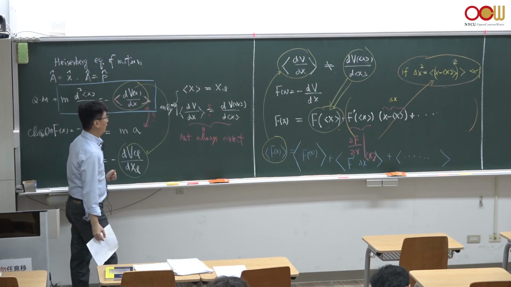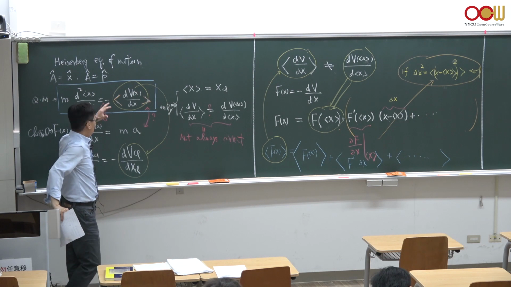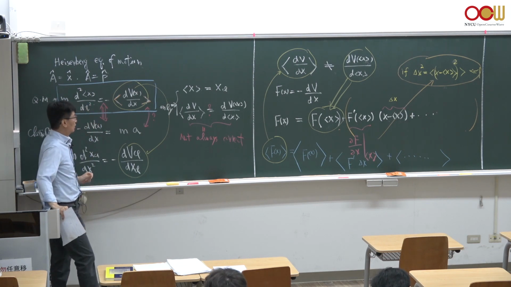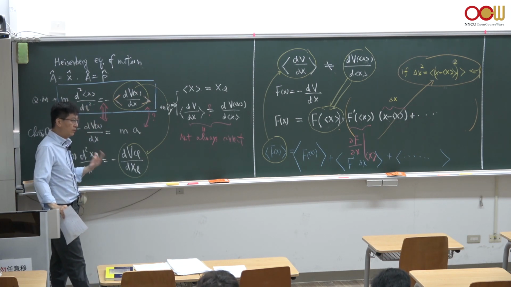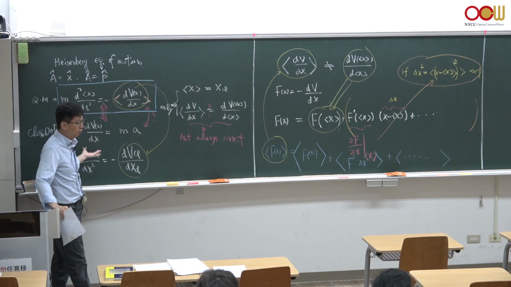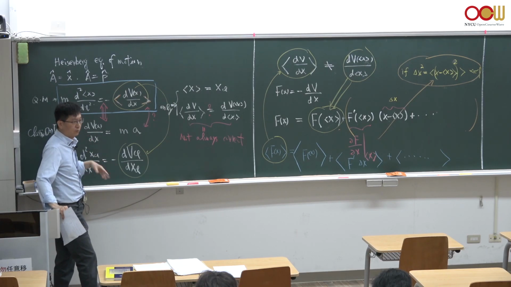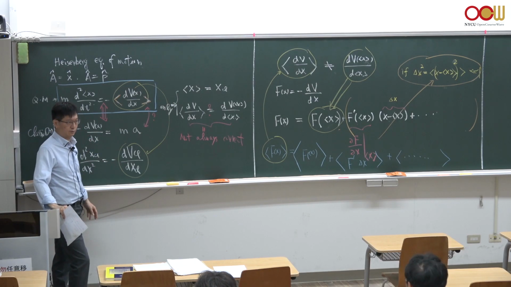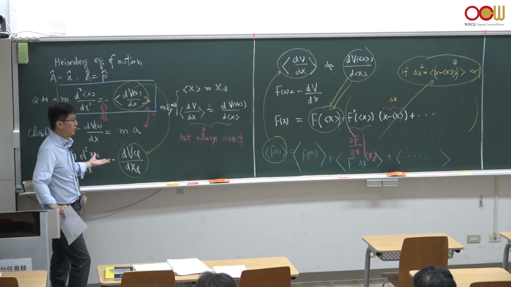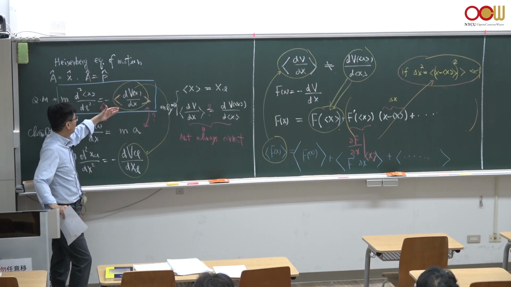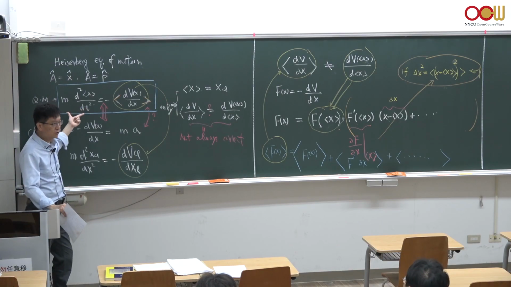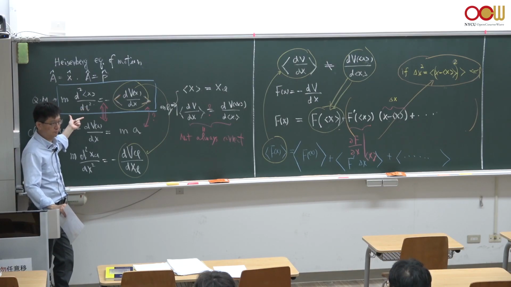As a result, the quantum and classical equations of motion show a very similar mathematical form. Depending on the standard deviation, if it is really small, we can consider the quantum Heisenberg equation of motion approximately given by Newton's equation of motion.